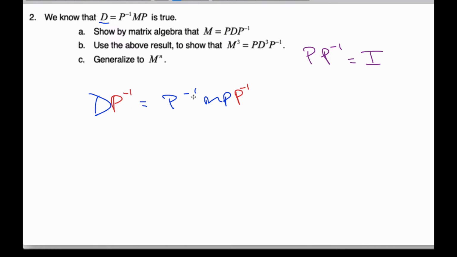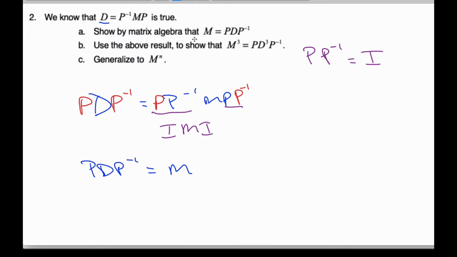Similarly, I want to get rid of the inverse here, so I can multiply P on the left-hand side, so I have to multiply P on the right-hand side. I know, again, that this is I times M times I, which I also know is just M. And so M is equal to P times D times the inverse of P.